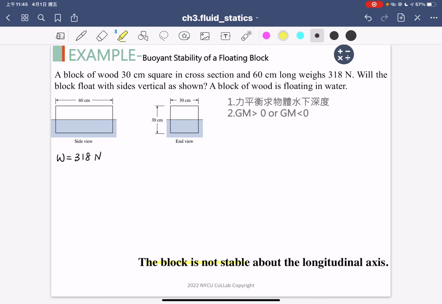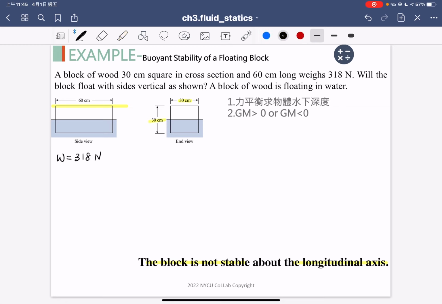So we can figure out the Gn should be smaller than 0, right? Because it is unstable. And we consider the condition where the rotated axis is along the longitude. That means this direction is our rotated axis. The width is 30 centimeters and 30 centimeters high.